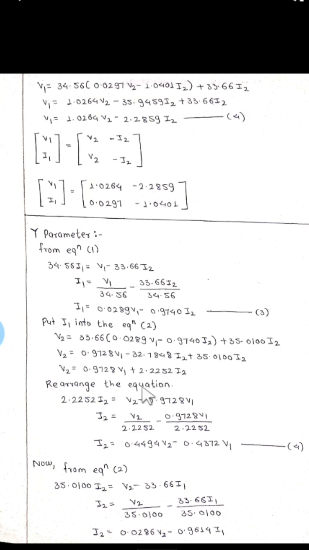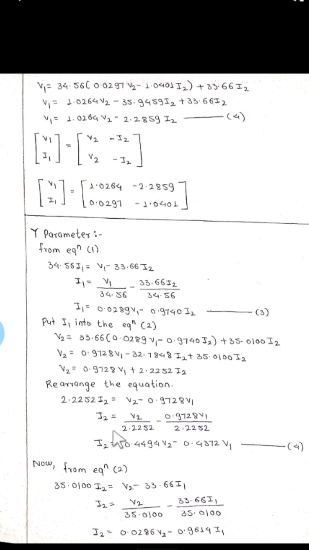By rearranging the equation, we get the value for I2. Therefore, we rearrange this equation. We put 2.2252 I2 as it is, and the plus 0.9728 V1 we shift here, then we get V2 minus 0.9728 V1. Then 2.2252 is multiplied with the I2.